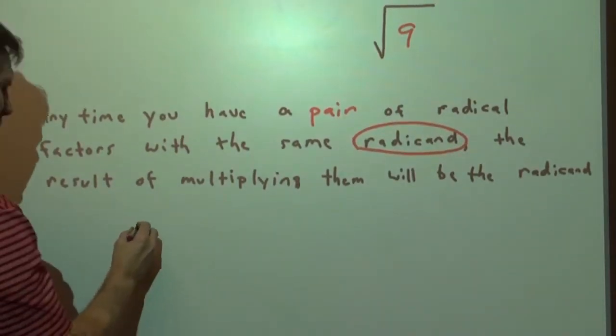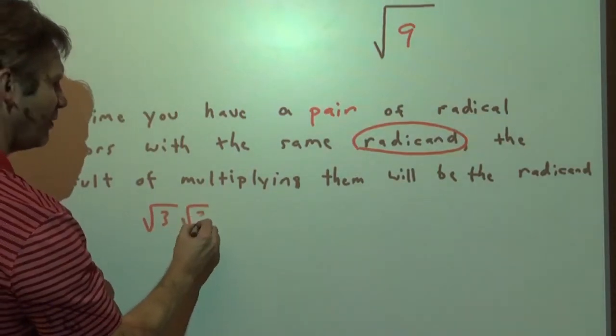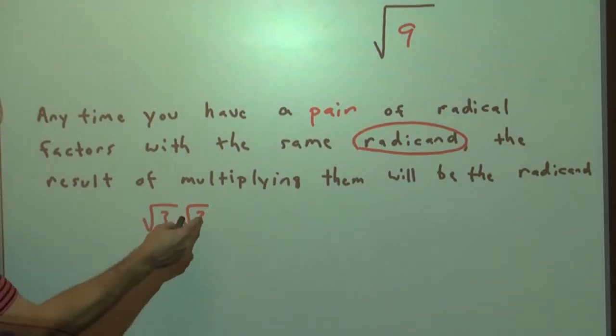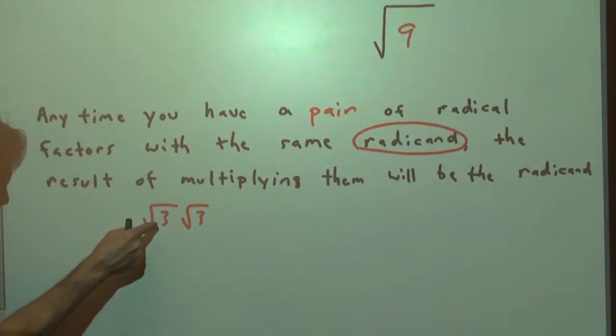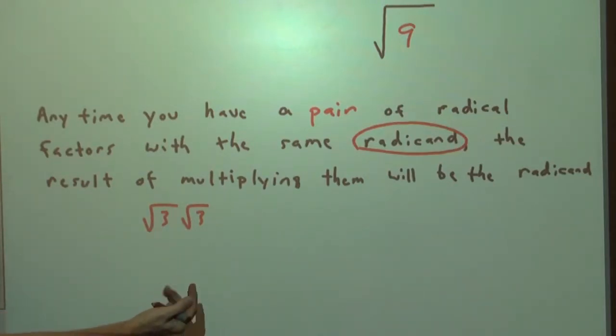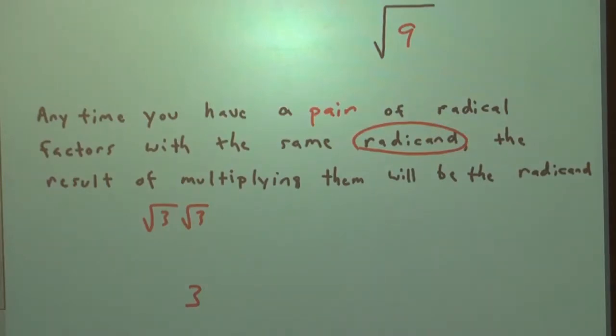What the heck are we talking about? Well, it's what we just got done looking at a moment ago. If you take radical 3 times radical 3, you have a pair of radicals with the same radicand, the same number under the radical sign. So ultimately what you get when you multiply these two together is whatever the radicand was. So you get 3.